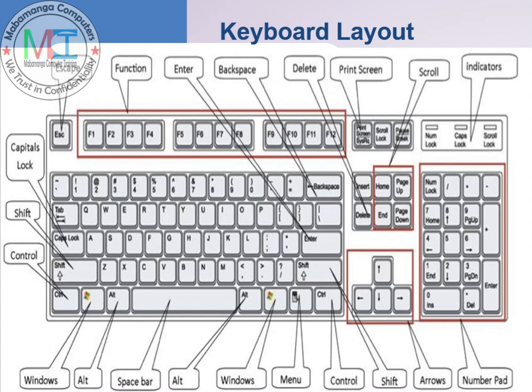So the same thing, we have another alternate key. We have Windows, which I explained. The only thing I did not explain here is our menu key. You remember while we were creating folders in our introduction to the desktop environment, we said you can right click and then select rename, copy, or whatever option you want to select.